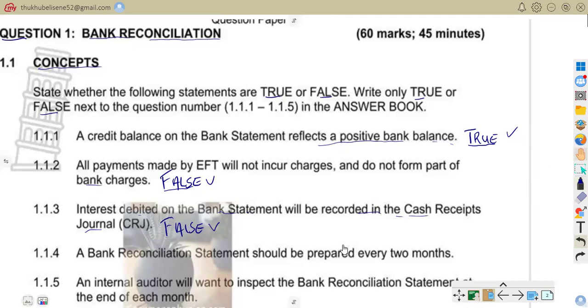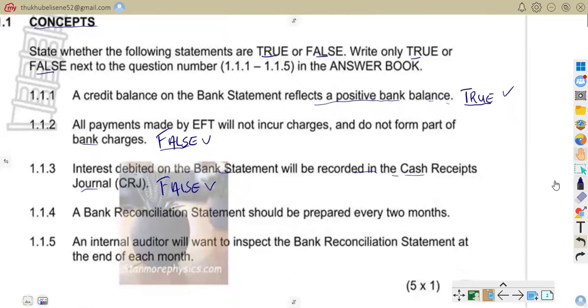Now let us move on, good people. Now we are on 1.1.4. A bank reconciliation statement should be prepared every 2 months. The answer there is false.